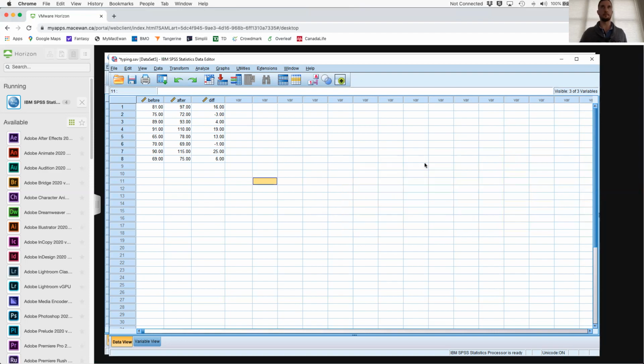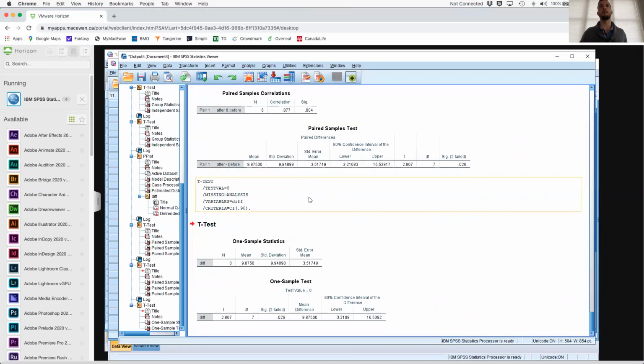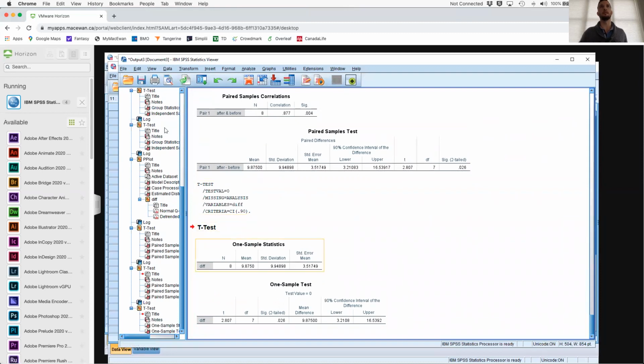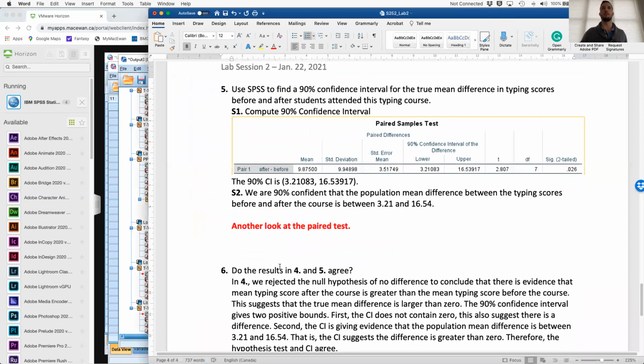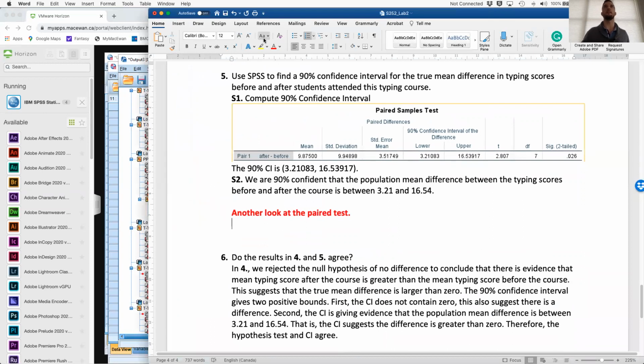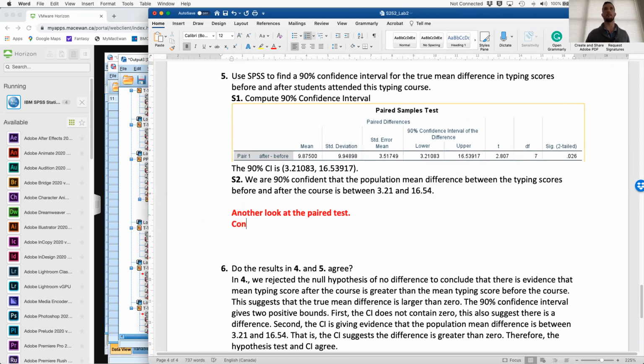If I do this and I inspect the output, you can see here that the output for this test actually matches exactly the output for the paired sample t-test above. Okay, so consider the one sample t-test output applied to the differences.